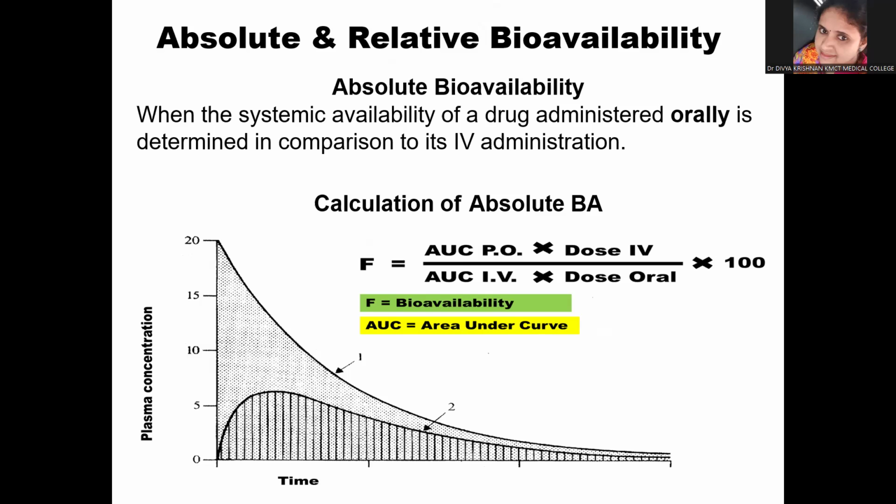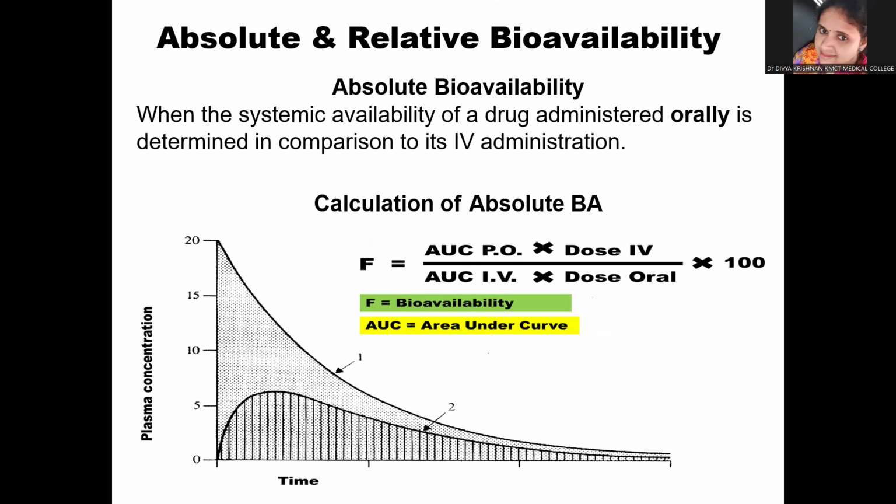So here you are comparing the bioavailability of the oral form of that drug versus the bioavailability when it is administered IV. You already know that IV administration of any drug will produce 100% bioavailability. So we are trying to compare the oral bioavailability, that means how much of that drug will be available if the drug is given by the oral route.